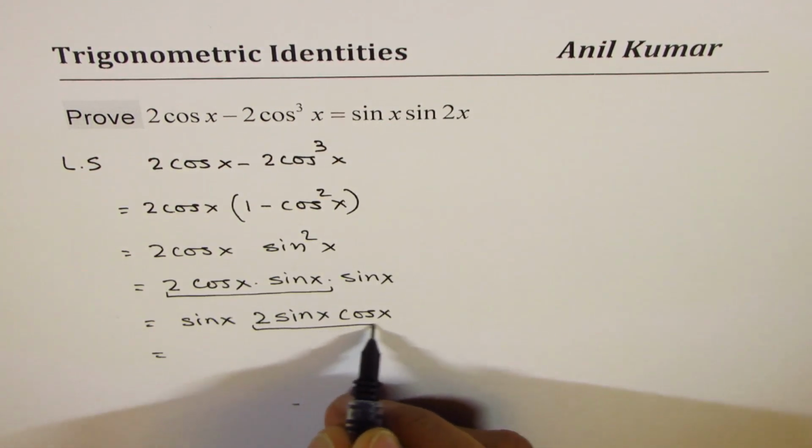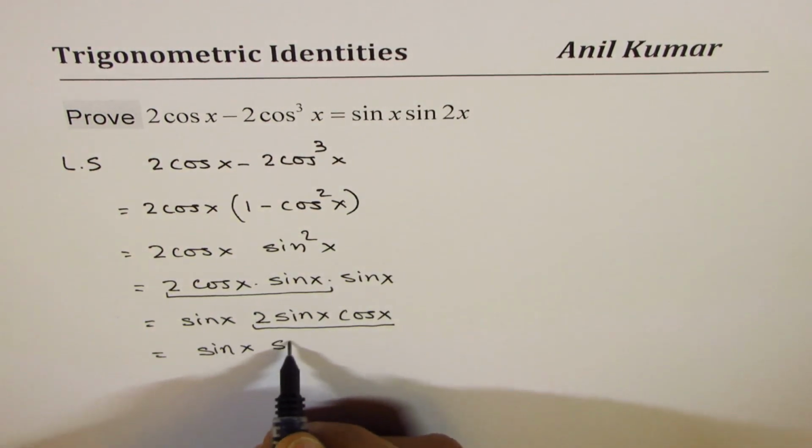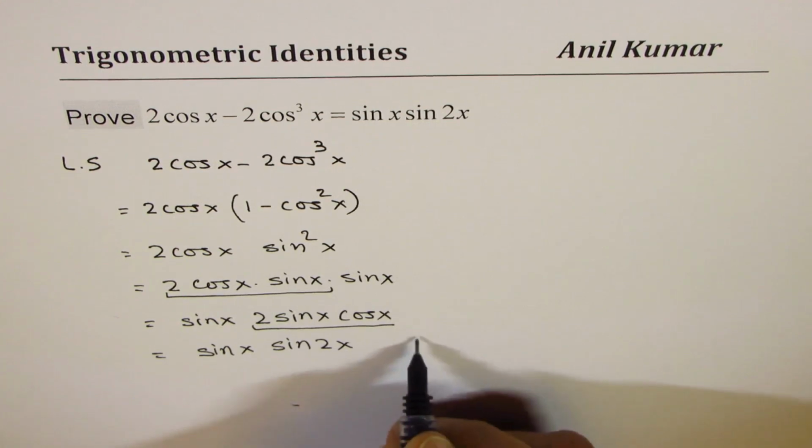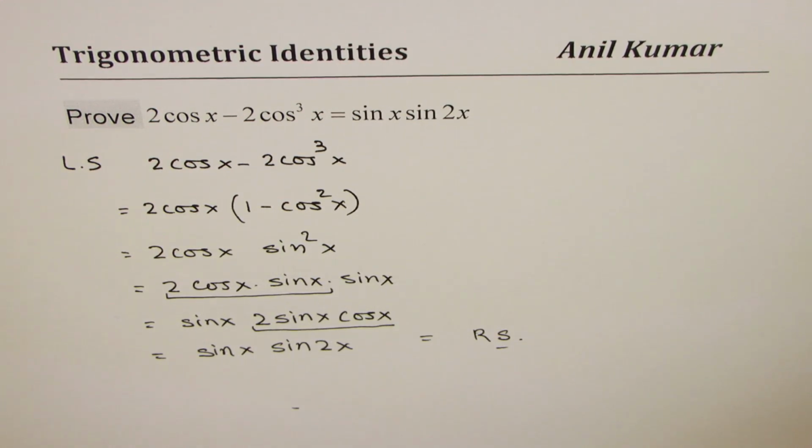Now that part is sine 2x. So I could write this as sine x times sine 2x, which is the right side. Is it okay? That is how, using factoring, you could prove this identity. I hope that helps.